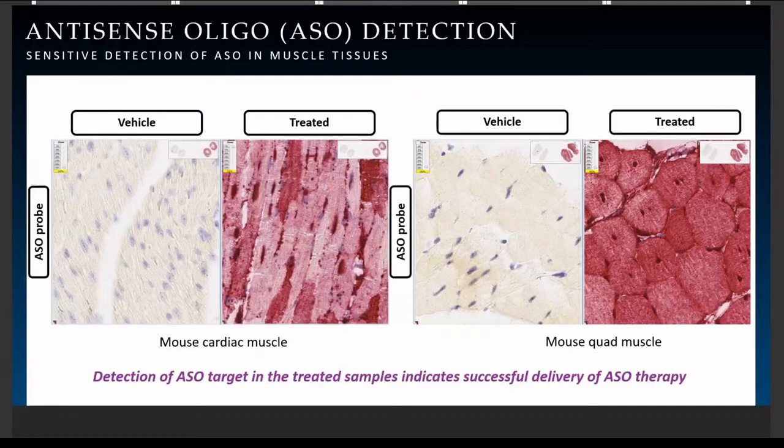Similarly, in the mouse quad tissue, they were again able to show that the treated tissue showed very high expression of their ASO probe. So this particular assay has been very successfully used even in its early days to assess the efficacy and delivery of ASOs and siRNAs in target tissue.